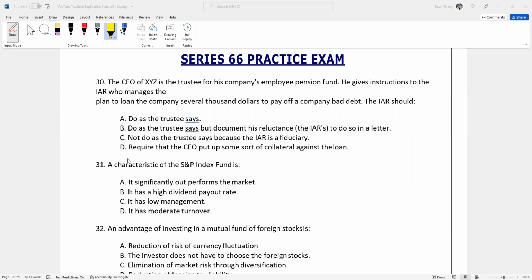What should you do? You should not. ERISA says you're a fiduciary, so you're not supposed to be helping people do bad things. And so the answer to 30 is C. ERISA prohibits transactions with parties that have adverse interests with that of the pension plan.